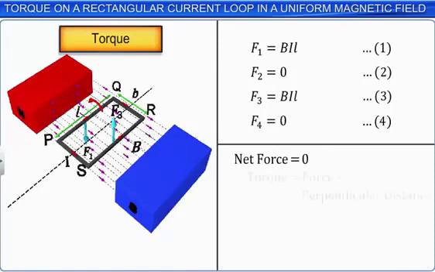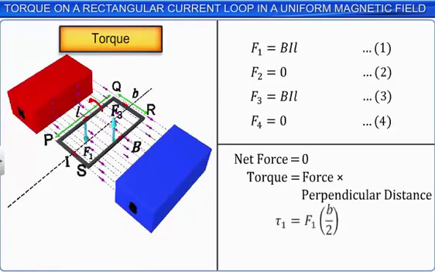The magnitude of the torque τ1 due to F1 is equal to the product of F1 and the perpendicular distance between the point of application of F1 and the axis of rotation. This gives τ1 is equal to F1 into half of B. Similarly, the magnitude of torque τ3 due to F3 is equal to F3 into half of B.